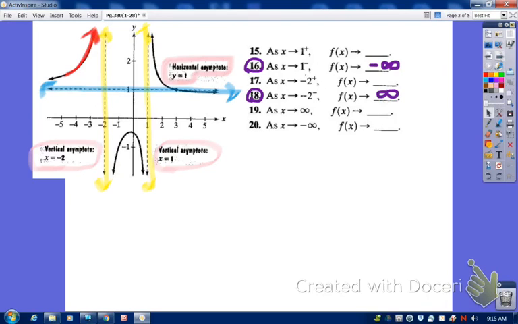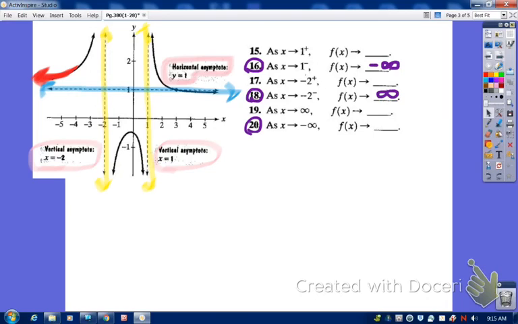Number 20, as your x's approach negative infinity. If they use negative or positive infinity, they're not going to say from the left or from the right. So if your graph is approaching negative infinity, then we're talking about this piece over here that I'm highlighting in red. This is the only piece of the graph that is approaching negative infinity.